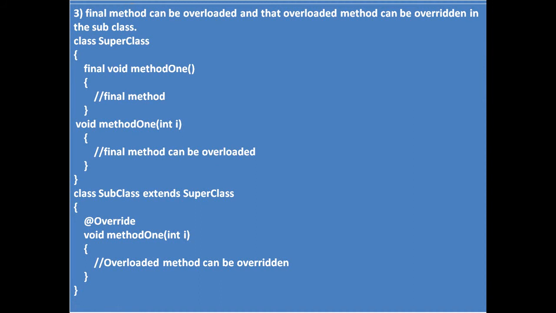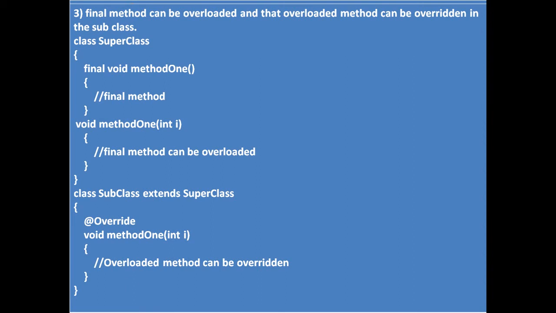Now the number 3 point is a final method can be overloaded, and that overloaded method can be overridden in the subclass. Overloaded means if you define a same-name method more than one time in the Java class, that is called the overloaded method.